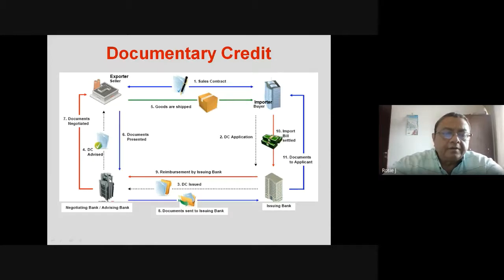The exporter's bank in Hong Kong, HSBC, will inform the exporter that the LC, letter of credit or DC, has been issued by the importer's bank, because you need this to go through a bank.